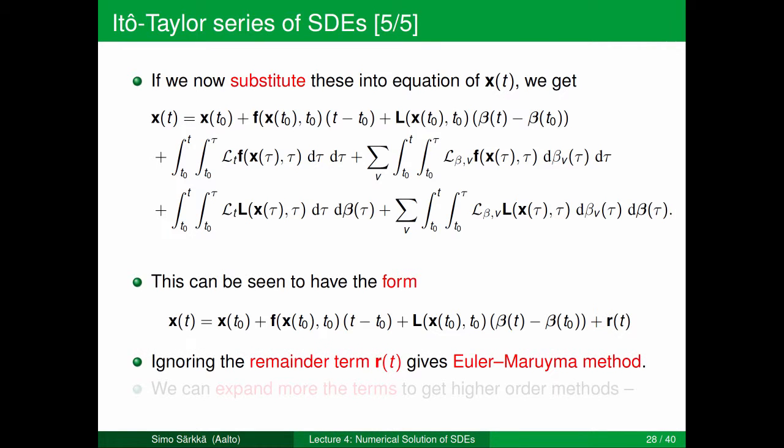And if we ignore this remainder term r(t), this gives the Euler-Maruyama method. The error is given by the integral terms left on the right hand side. And this is actually the way that we can use to derive higher order approximations to the SDE. So we can expand more terms on the right hand side in the same way as we did for ODEs to get higher order methods. Of course, details become messy, but it's straightforward in principle to do.